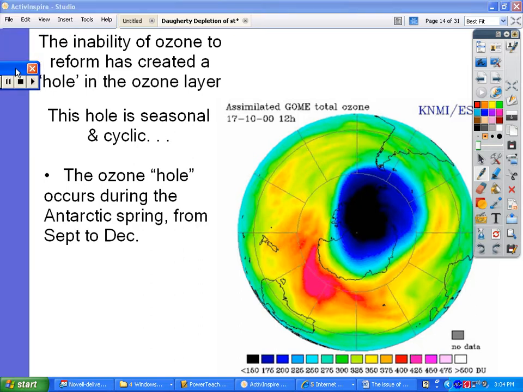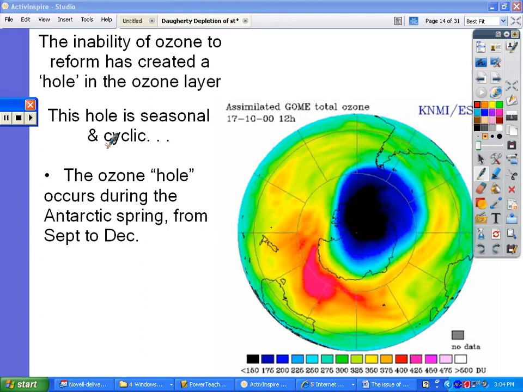Okay, now there is such a thing called an ozone hole. The ozone hole is down by Antarctica, all the way down at the South Pole. And it says the ability of ozone to reform has created a hole in the ozone layer. This hole is seasonal and cyclic, so we only see it during a certain time of the year. And it's not truly a hole.